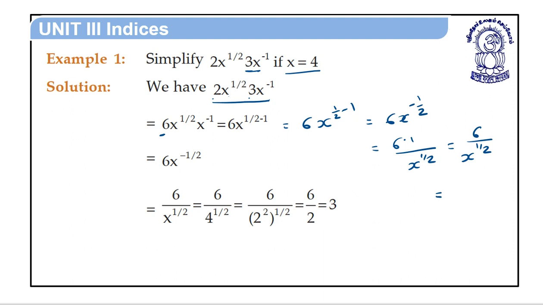Put the value of x. 6 upon 4 raised to 1 by 2. 4 means 2 square, 1 by 2, 2 cancel. 6 by 2 is 3. So 3 is the answer.